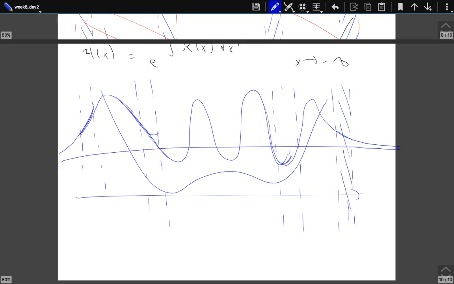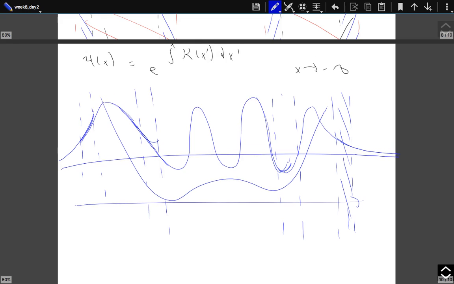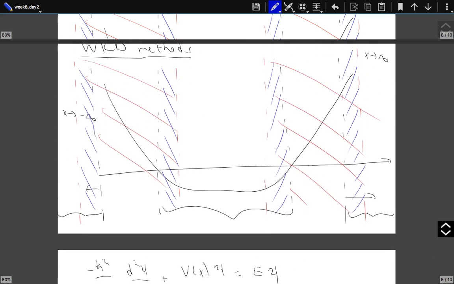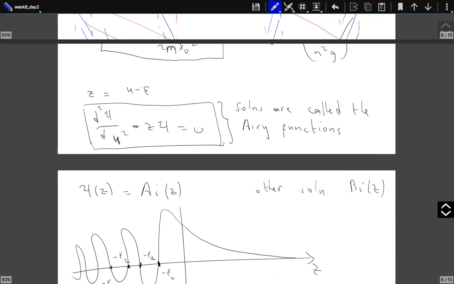There is a problem though. You see, I said that there are two kinds of Airy functions that solve my linear potential problem. Both Ai and Bi solve my linear potential problem. But Bi doesn't exponentially decay, it starts diverging.